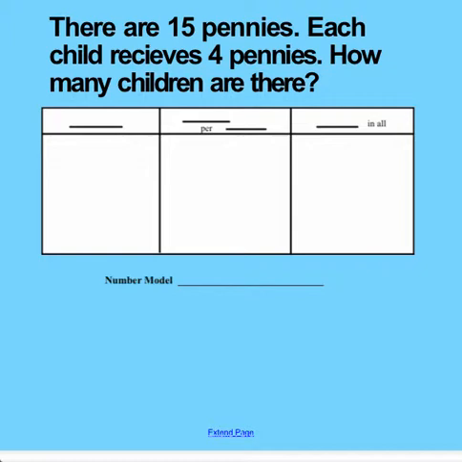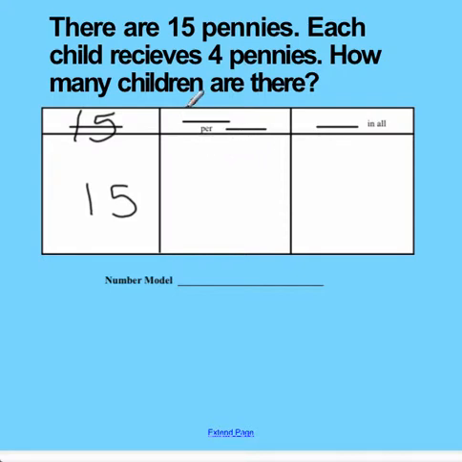There are 15 pennies. Each child receives 4 pennies. How many children are there? All right, we're going to use this diagram to help us. So we have 15 pennies total. I'm going to write this here, 15. And we have each child is getting 4 pennies.